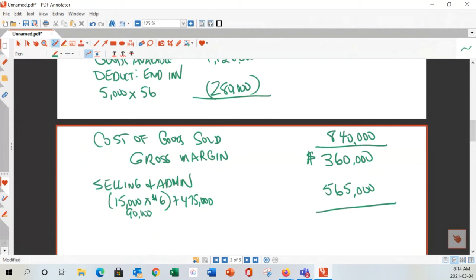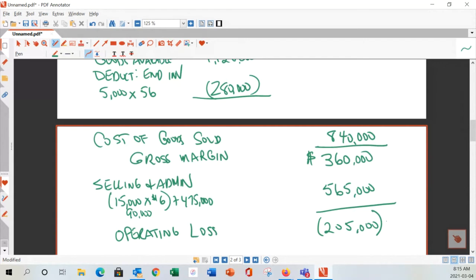All right, and we see we have an operating loss of $205,000. So maybe they anticipate sales to increase, or maybe they had a lot of initial selling and admin costs to get started, and then things are going to level off or go down from there, hopefully.